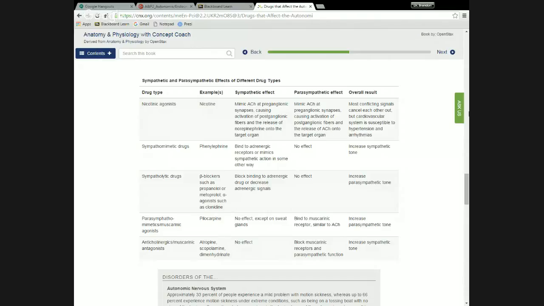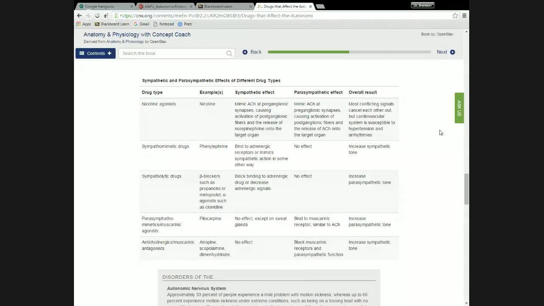So for the cardiovascular system, nicotine will cause an increase in blood pressure just because there's no parasympathetic input to blood pressure, and arrhythmias in the heart because cardiac muscle works on its own and the input just confuses it, to put it simply.